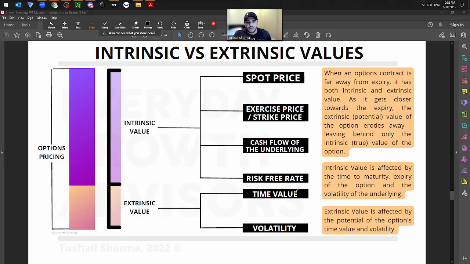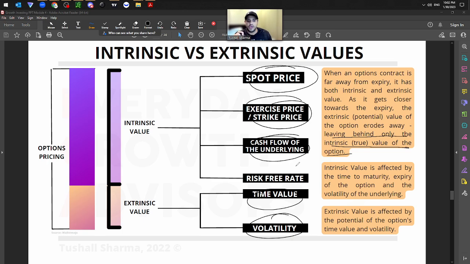It's because the time value of the money and the volatility erode away, right? It only leaves behind the intrinsic value of the option, the true value of the option, which boils down to the price of the underlying, the exercisable, the strike price, the cash flow, and the interest rate associated with it, right?